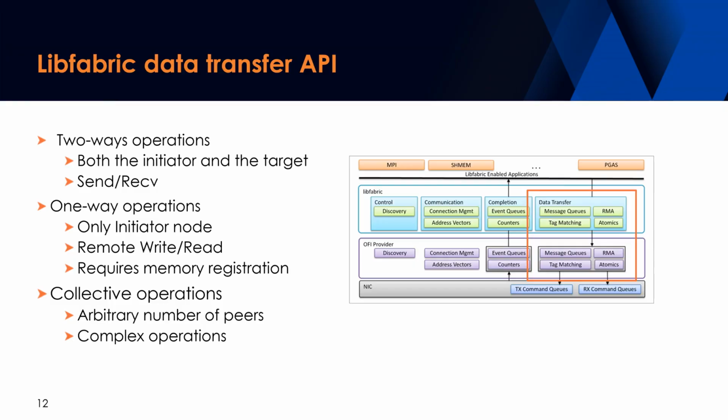And then the transfer API. There's the two-way operation, where both target and receiver are involved. It's a sender and receiver operation. And there's the one-way operation, where only the initiator node is involved after a setup.